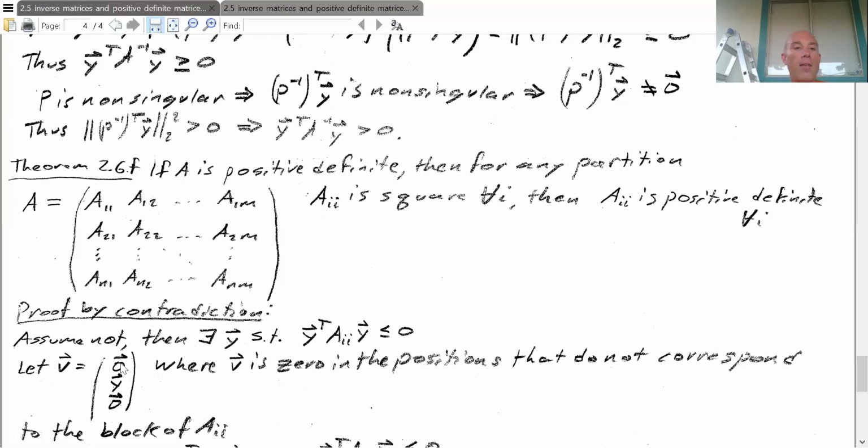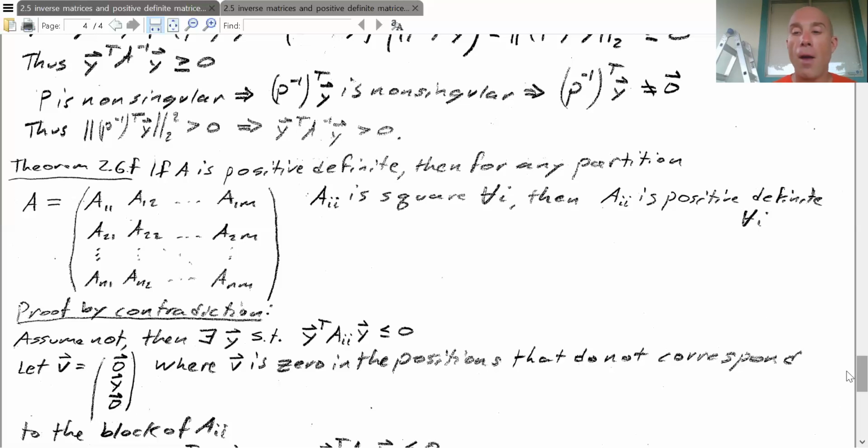All right, so we're going to take the vector of zeros. We're doing proof by contradiction. I'm going to take the y such that this is less than or equal to 0. And if this is not positive definite, at least one y exists for achieving this goal. That's not equal to 0. Now I'm going to take the vector where I put y in the corresponding position of the block matrix A_ii. I put 0 everywhere else.